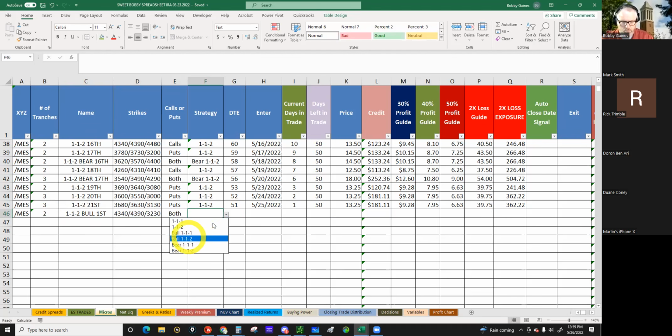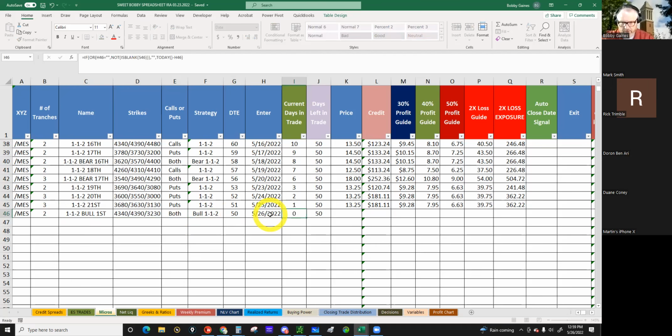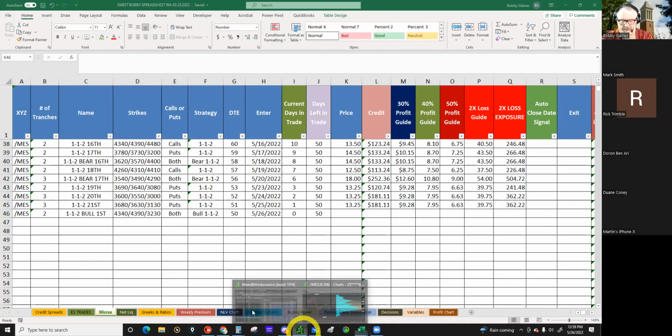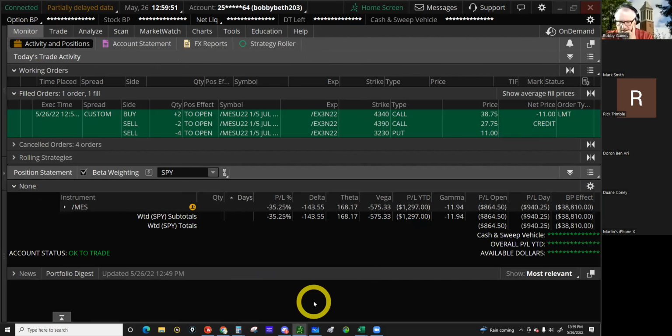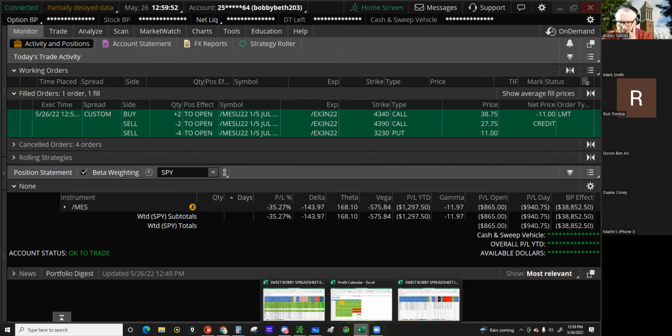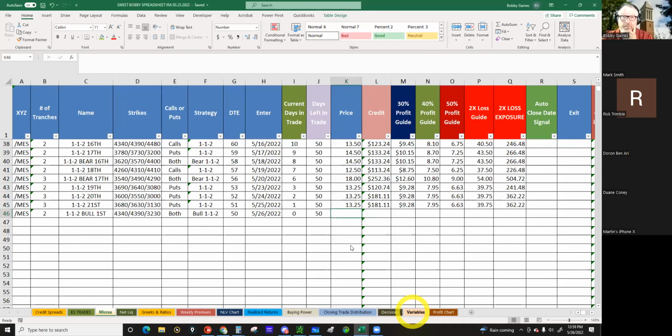Bull 112 at 50 days, 5/26/22. And we got a credit of, memory, y'all, memory's failing. We got a credit of $11. What a stupid trade was that? $11. So we brought in $98.24.